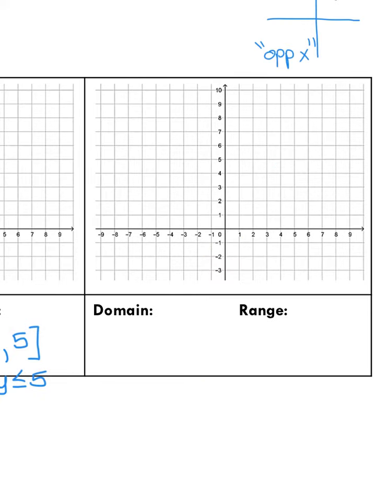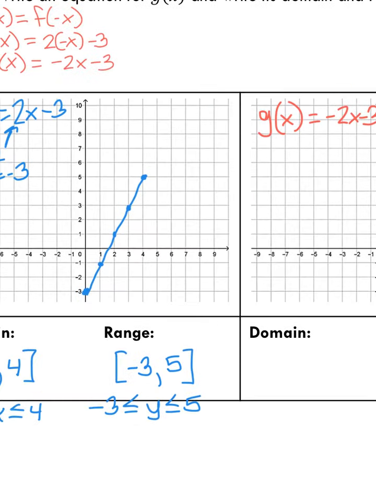Okay, let's go ahead and graph g of x, and we already found our equation for g of x is negative 2x minus 3. So let's go ahead and first reflect our original input. So we had negative 3 here. Actually, I'm going to slide over here.